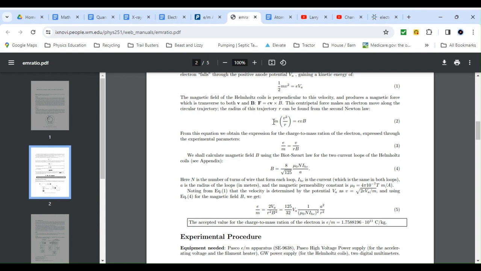Let's see if we divided both sides by M and then divided both sides by V times B, I don't follow. Oh, apparently this little v is the velocity.